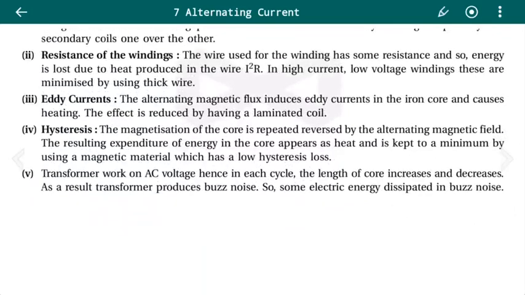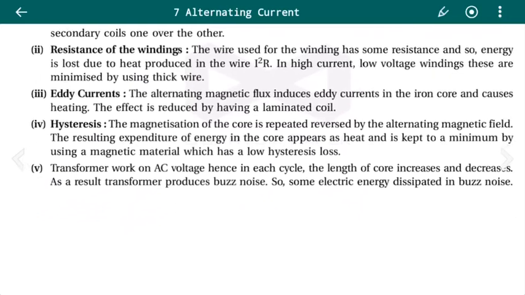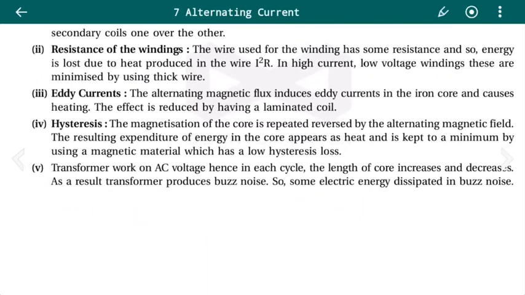Next is eddy currents. The alternating magnetic flux induces eddy currents in the iron core and causes heating. So this eddy current causes heating, and the effect is reduced by having a laminated core. Fourth is hysteresis. The magnetization of the core is reversed by the alternating magnetic field.